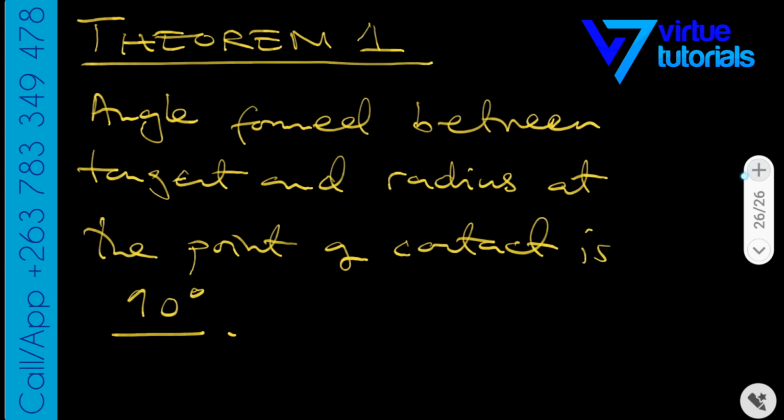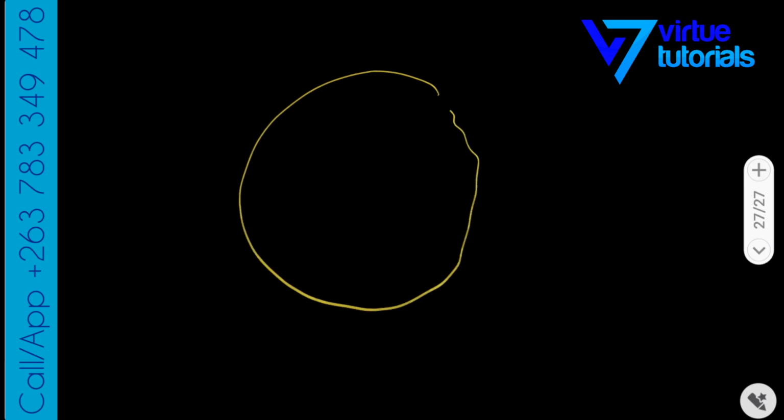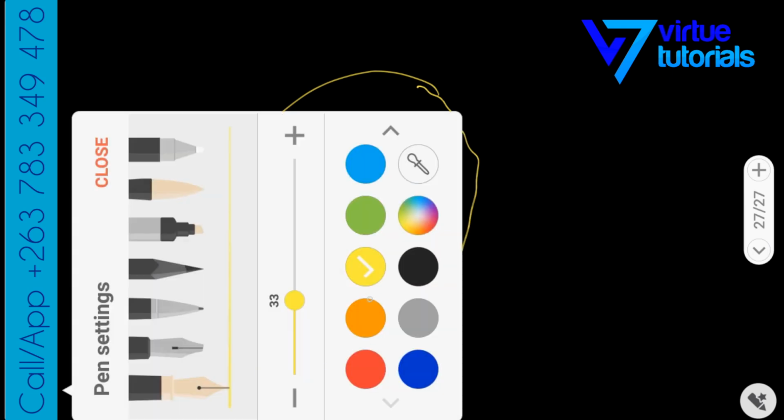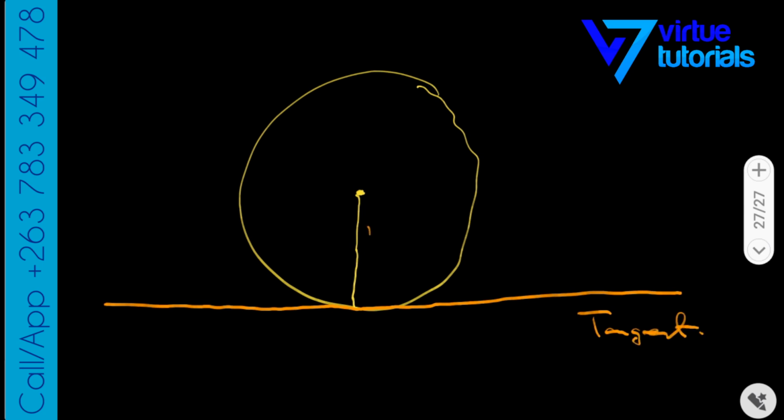So now let's see what that looks like. If I have a circle, and then I have the center and I have a radius coming from the center there, then I have a tangent that meets with the circle as it passes by. So I have a tangent there, and then I have a radius there.